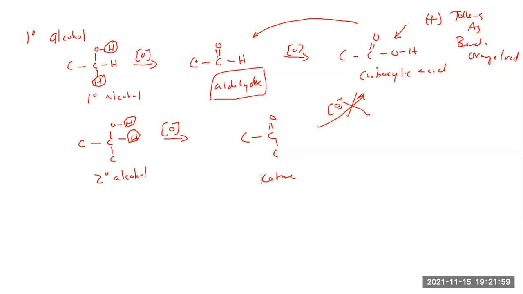If we fill this in, basically this is ethanol, as I wrote before, becomes ethanal. And our carboxylic acid is ethanoic acid. Carboxylic acid ends in -oic acid, based off of 2 carbons: ethane becomes ethanoic acid.